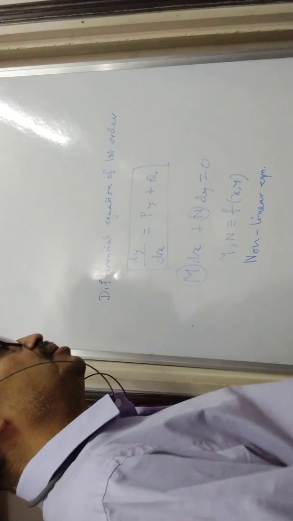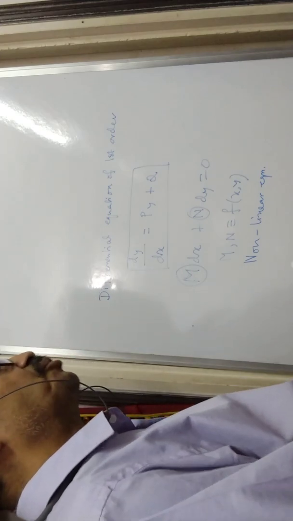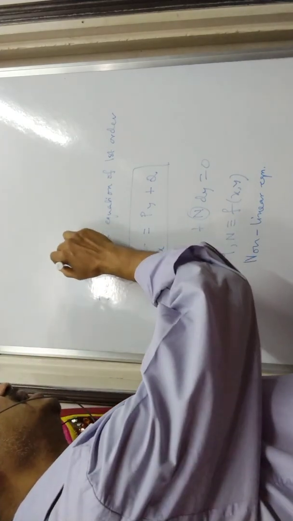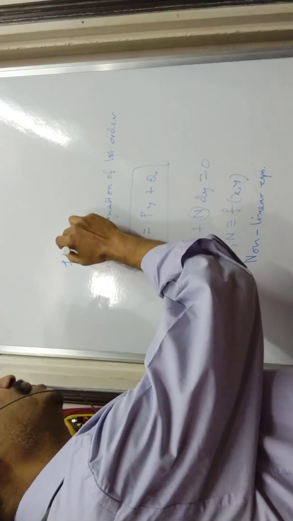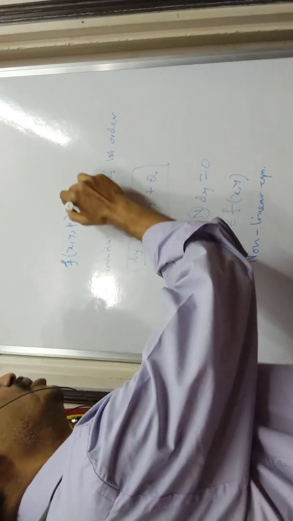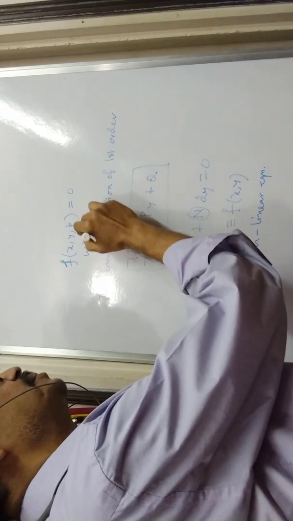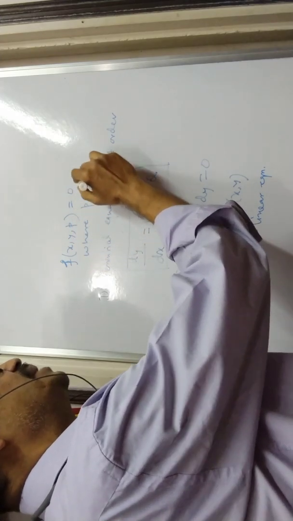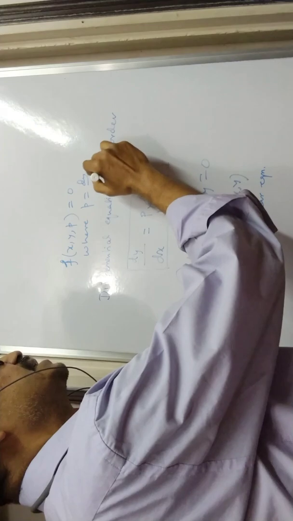Then we have the broader version of nonlinear equation written as f(x, y, p) equal to 0, where p is represented in place of dy/dx.